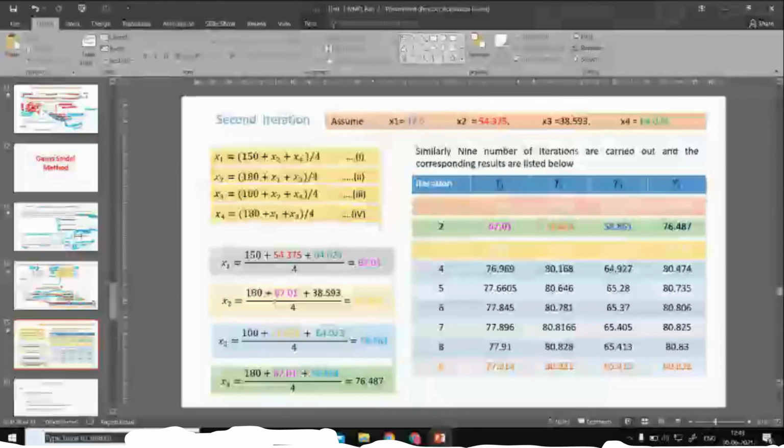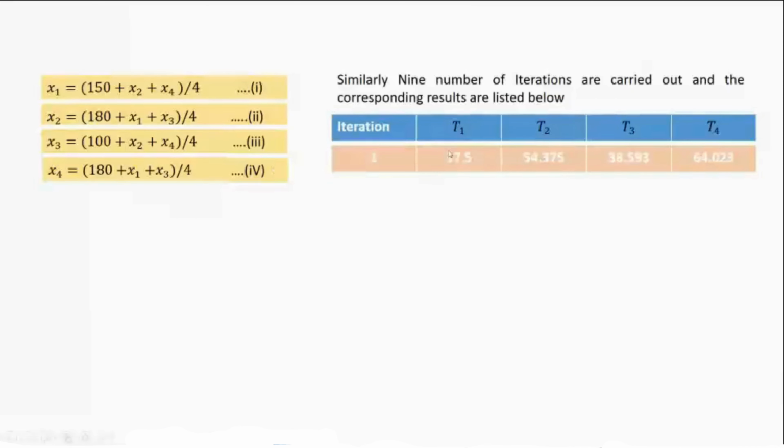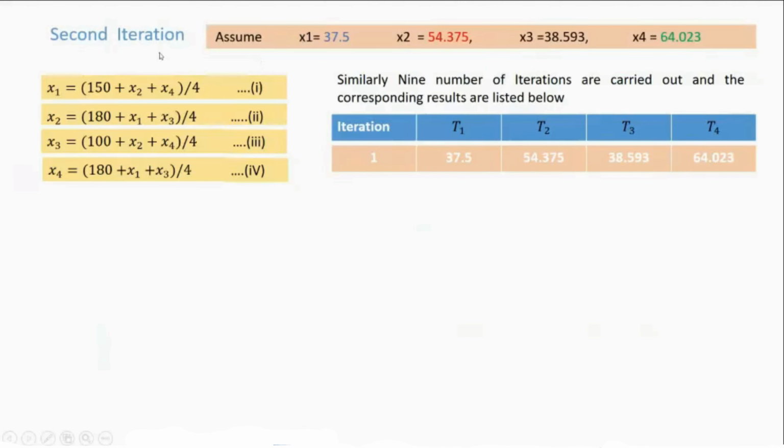Okay, this is the second iteration. For the second iteration, I have written the values which we obtained from the first iteration. You can see here, this is the first iteration. The x1 value is 37.5, the x2 value is 54.375, the x3 value is 38.59, the x4 value is 64.